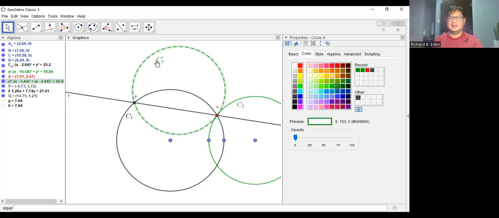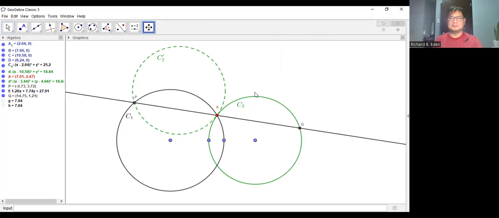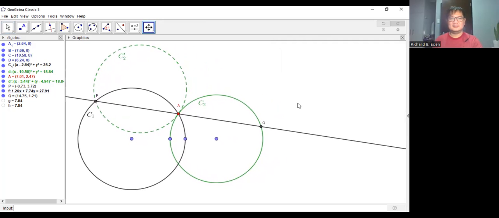C2 is the drink. Yes, the drink, precisely. So C2, and then there is C4. There we go. All right, and then I'm going to take a snapshot. Snip.